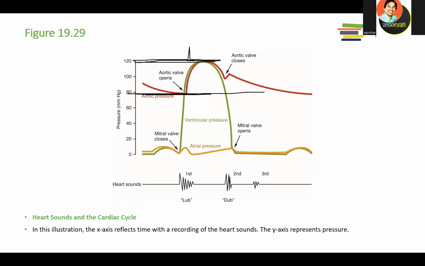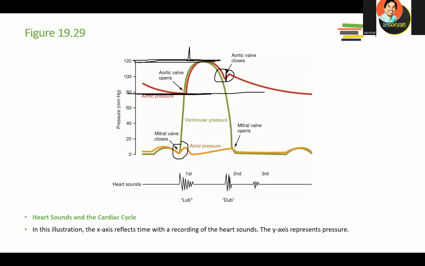If you see over here, this is the closing of the mitral valve, on the left side. And this is the closing of the aortic valve. Usually it will give a sound when it closes because it's like shutting a door very hard.